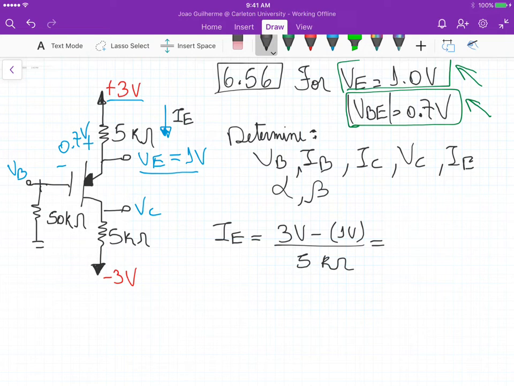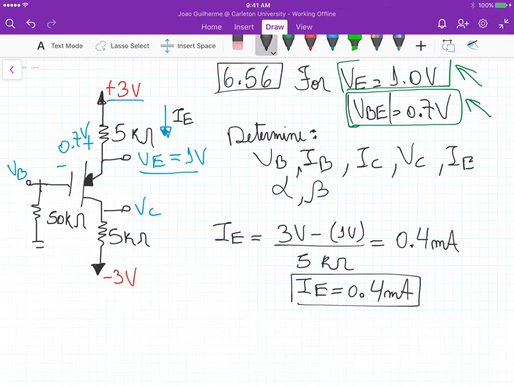So 2 divided by 5k gives us 0.4 milliamps, and that's the emitter current, i.e. IE equals 0.4 milliamps. So we got our first unknown.